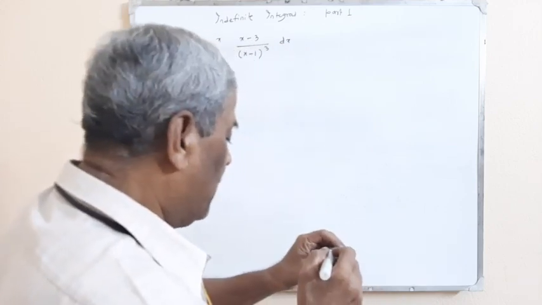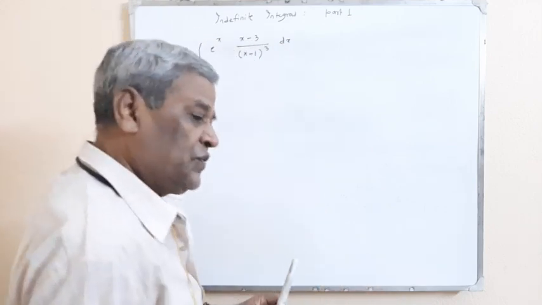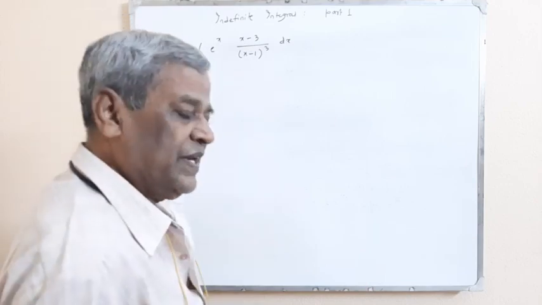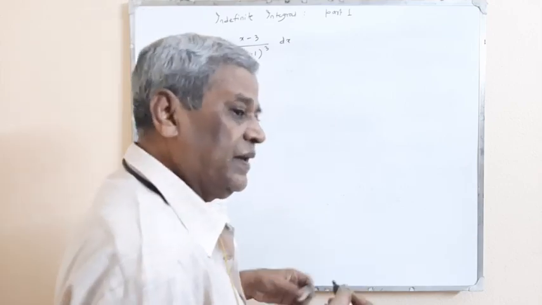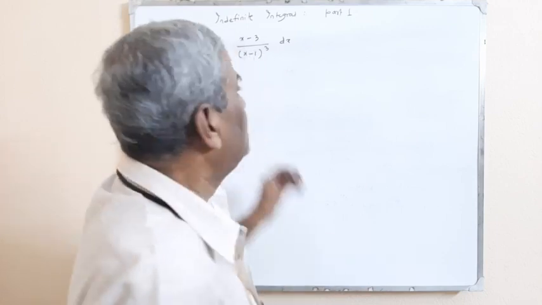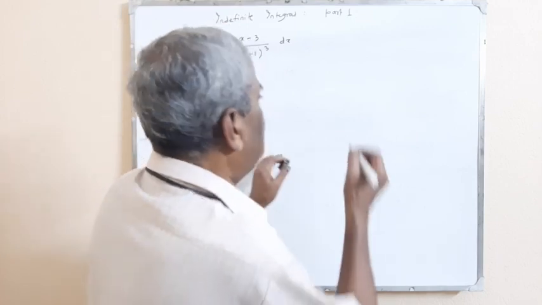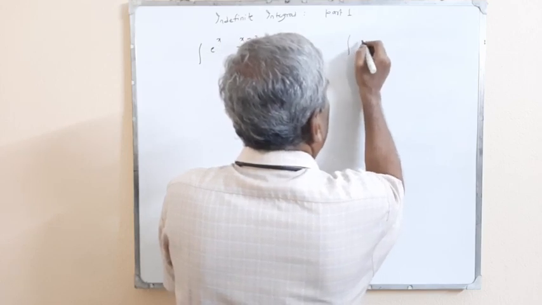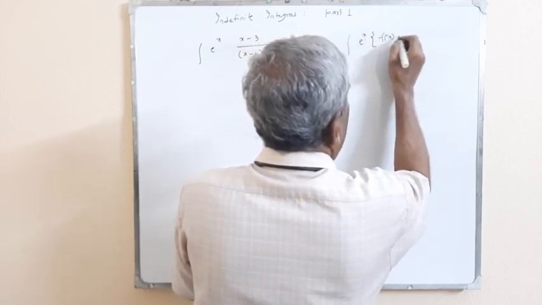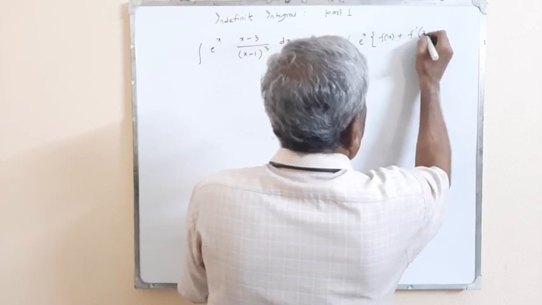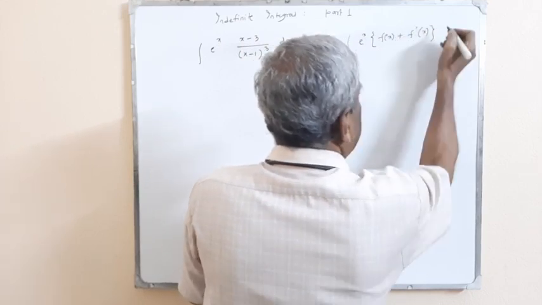If in any problem you see that e to the power x is a factor, then you will try to express this as what I told you earlier, e to the power x into (f(x) plus f dash x) dx.